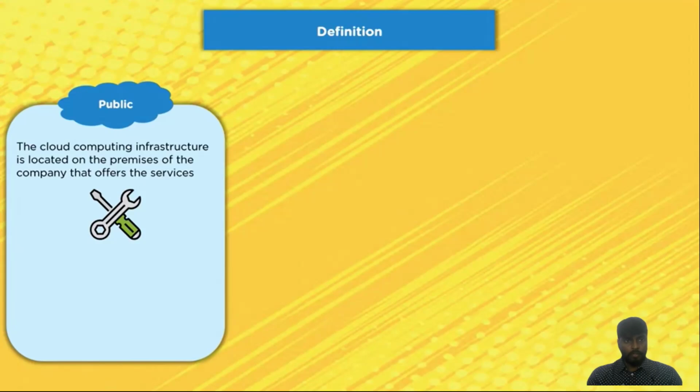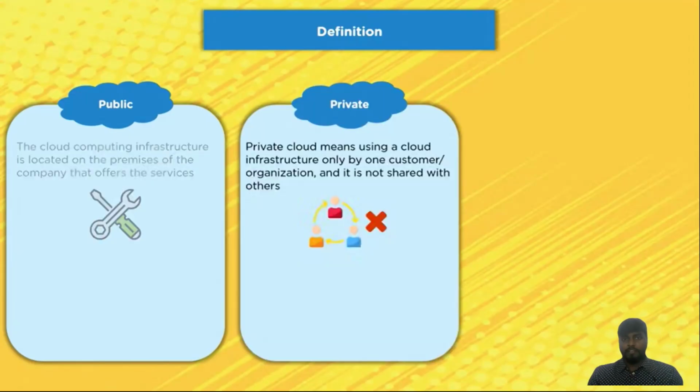Now, we'll see the definition of that particular cloud, public, private, and hybrid. The cloud computing infrastructure is located on the premises of the company that offers the services. Let's say we take Amazon Web Services, AWS: the cloud computing infrastructure is present at the AWS company end, but it will offer the services to users like us. That is public cloud.